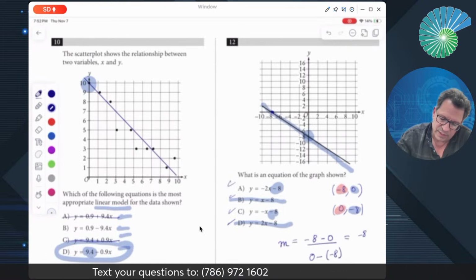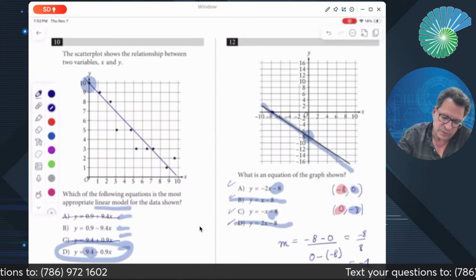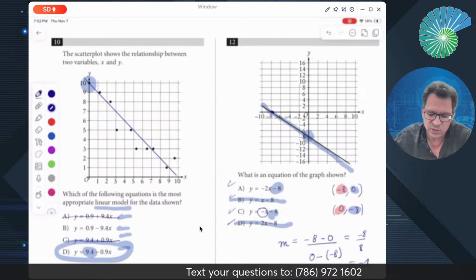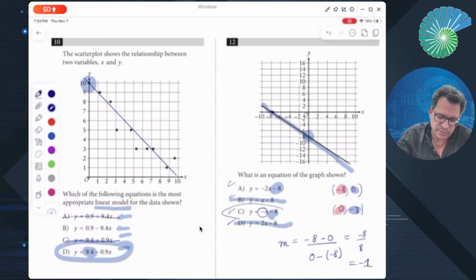So I get -8 over 8, which is -1. And of the two remaining lines, this one has a slope of -1, so that's the correct choice.